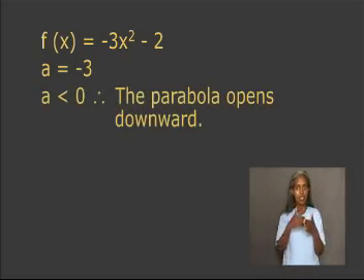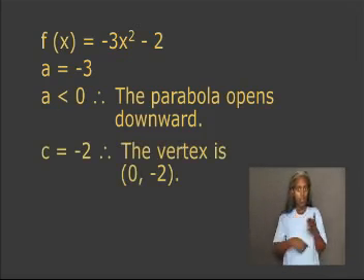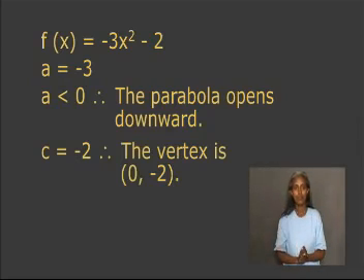Since this is less than 0, we know that the graph of the parabola will open downward. The value of c is negative 2. Therefore, the vertex will be at 0, negative 2.